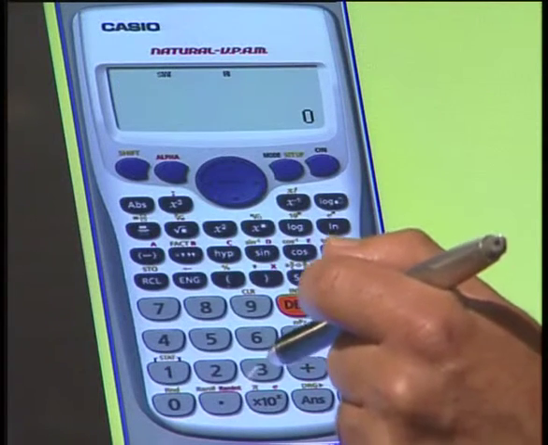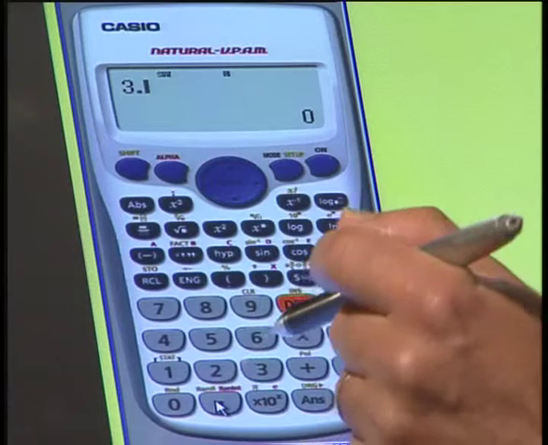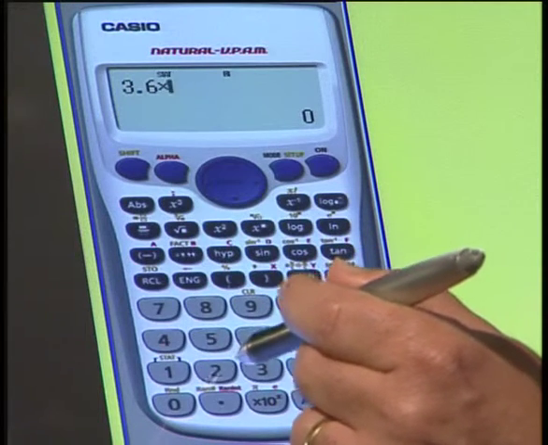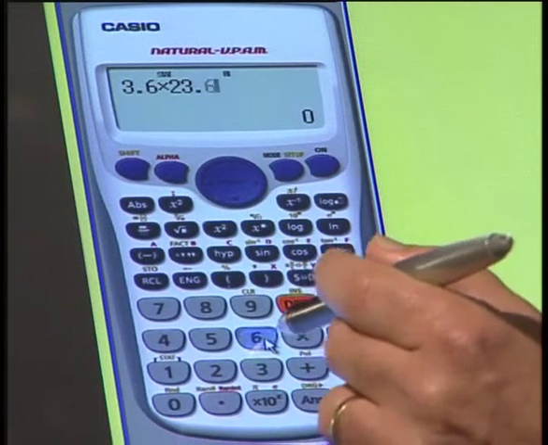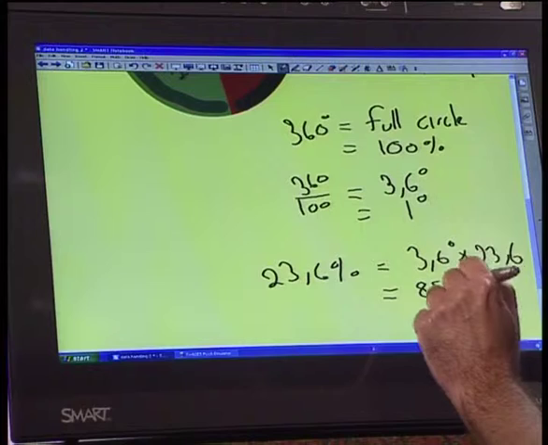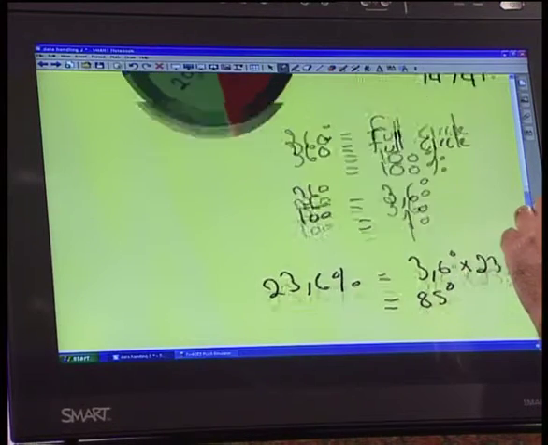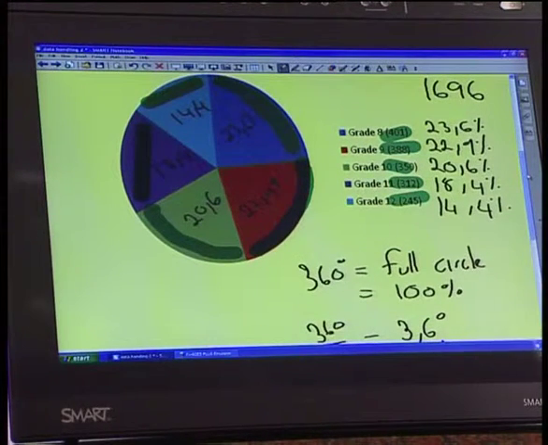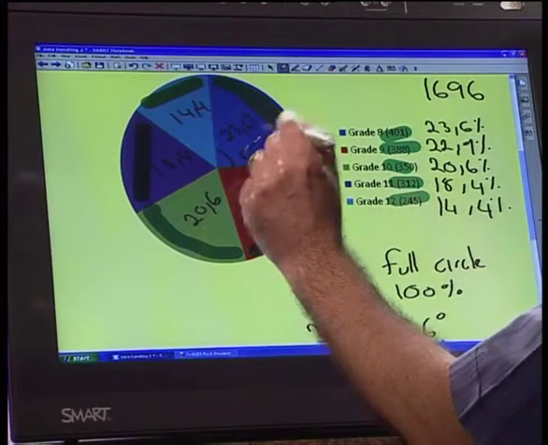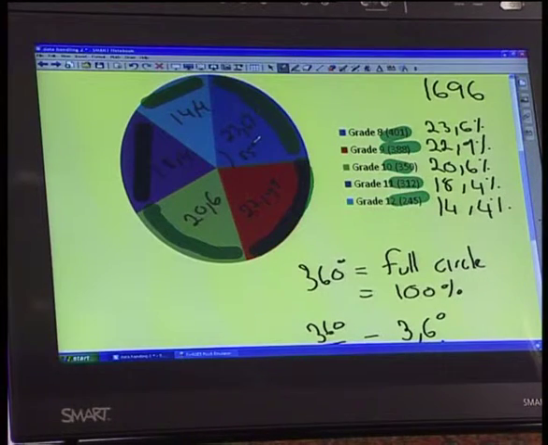To work that out, we type 3.6, that's for 1%, and we multiply it by the percentage factor, which was 23.6. That gives us an answer of 84.96, which I'm going to round up to 85 degrees. So having a look at the circle, this 23.6% is represented by an 85-degree angle in the circle.